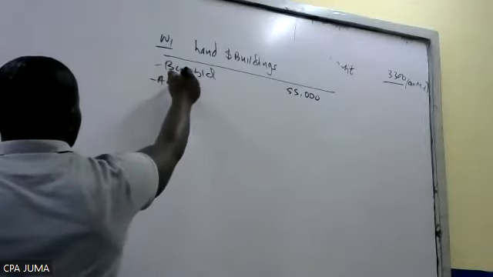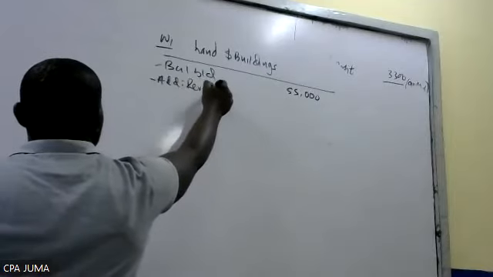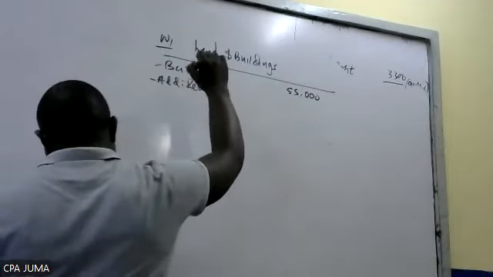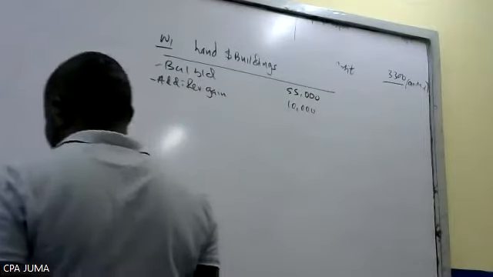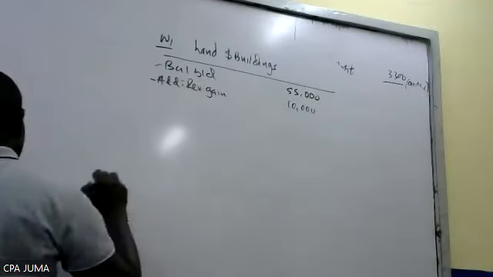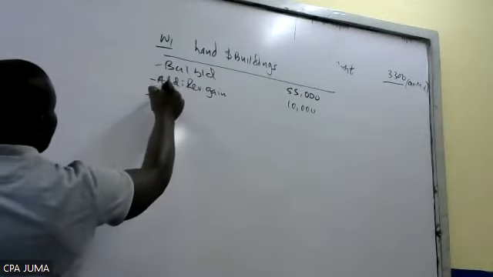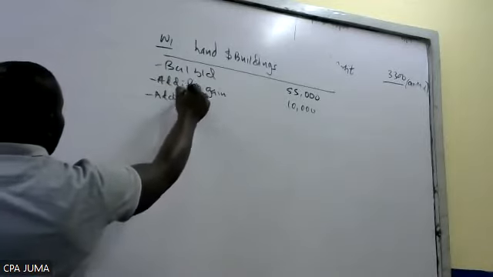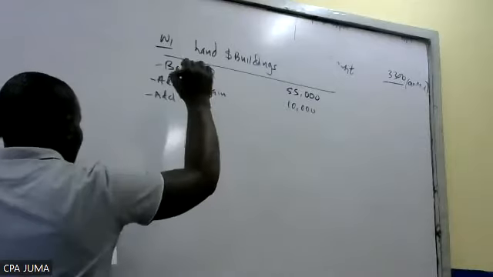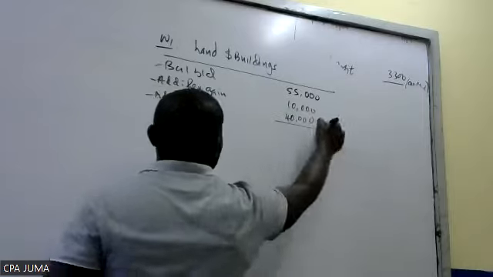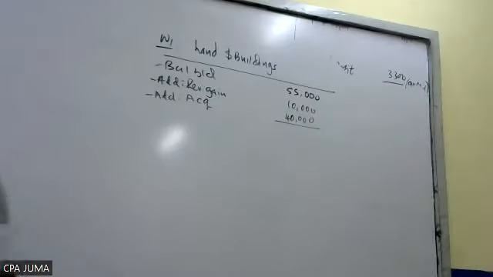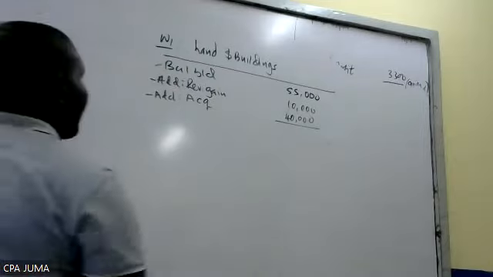And revaluation gain 10. In addition, an acquisition of land and buildings of 40 was made. So add acquisition of 40. Meaning land and buildings at the end should be how much? 105.